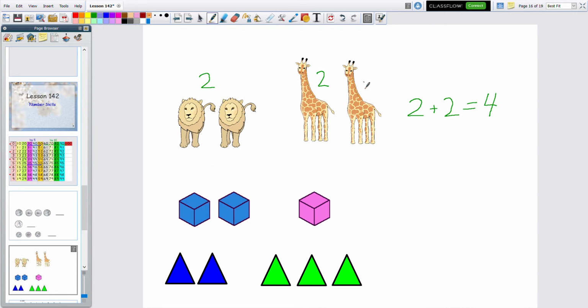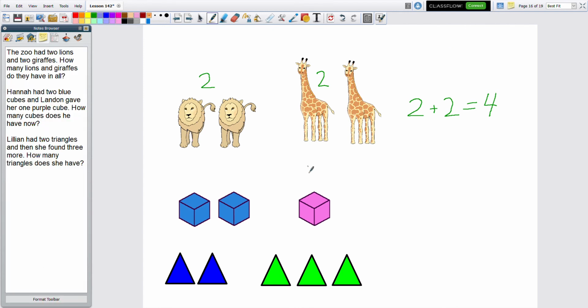I think I have something on the side here. Okay. Hannah had 2 blue cubes. Landon gave her a purple one. How many cubes does she have now? Let's see.